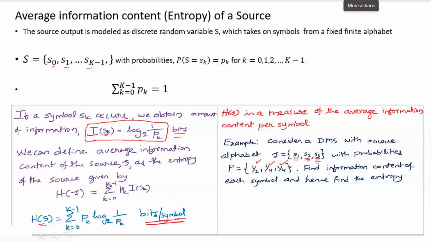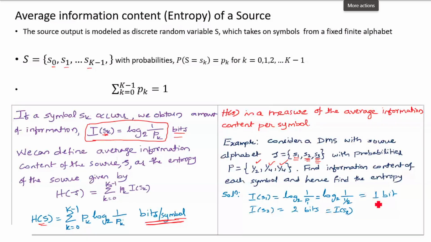What is the information content of symbol S1? I of S1 is equal to log 1 upon P1, to the base 2. Log 1 upon 1 by 2 to the base 2, I'll get 1 bit of information. I get 1 bit of information about S1 when S1 gets emitted by the source.